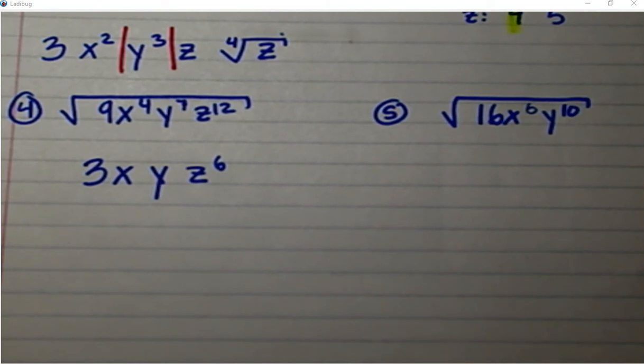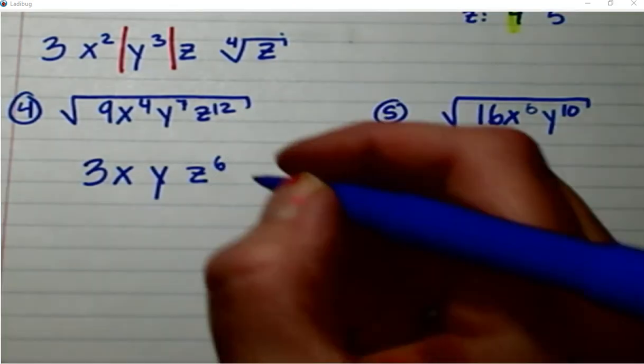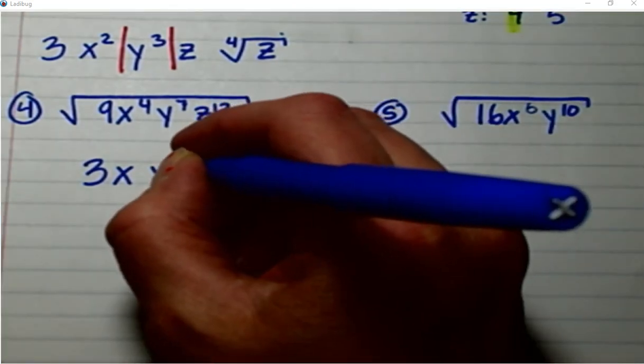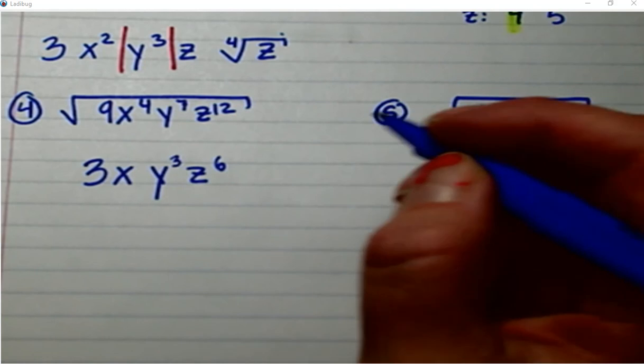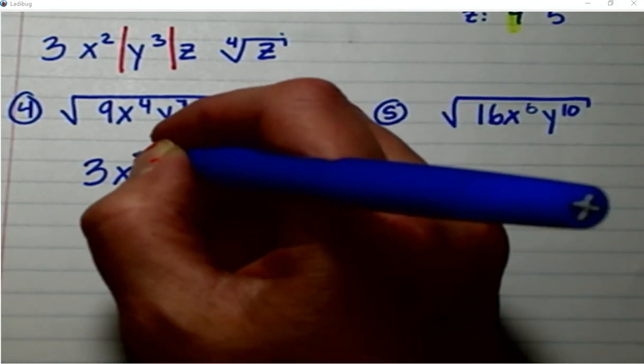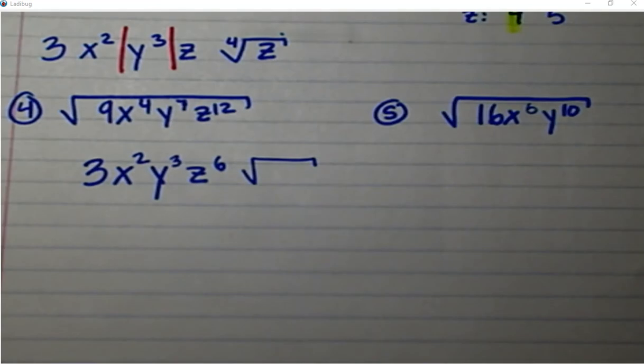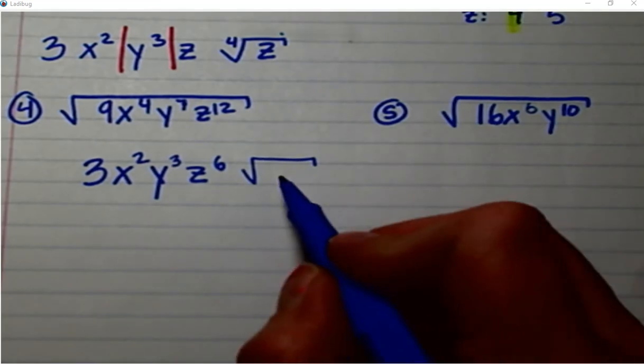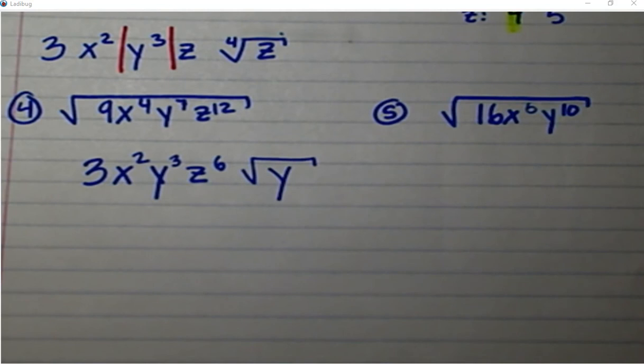Y to the 3rd. Yes. Okay. What's the x exponent? X squared. Yes. Okay. What is left inside the radical? Y. Okay. Somebody different. Where does the absolute value go?